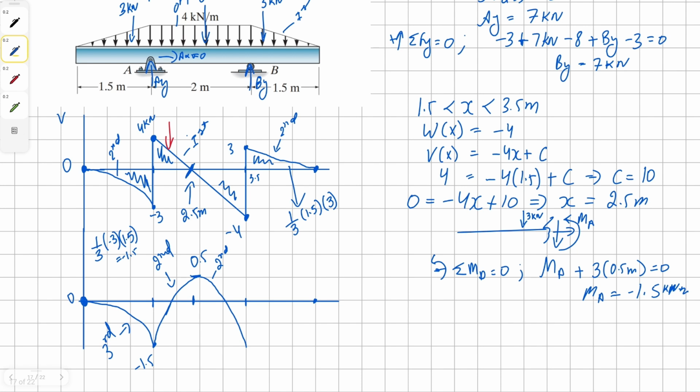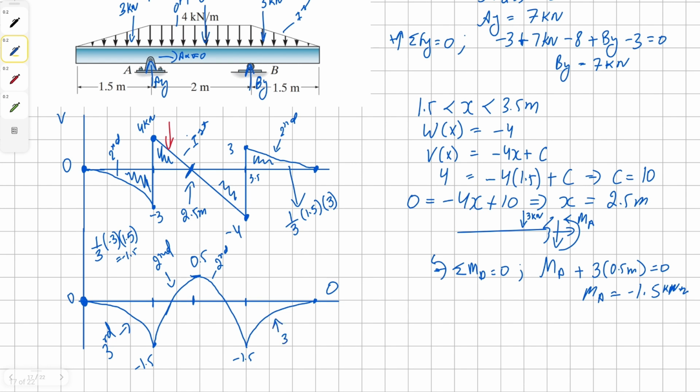Solving for this, you get 0.5, and 0.5 gets us to 0. And to determine the concavity up or down, we know that this area is positive and it's decreasing. So therefore, we're going to have a concaving downwards slope.